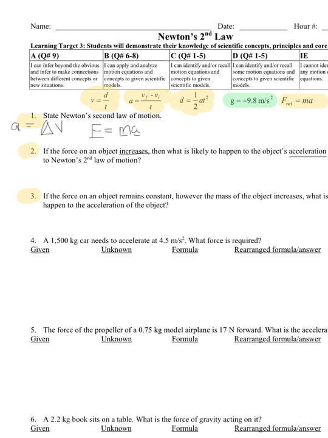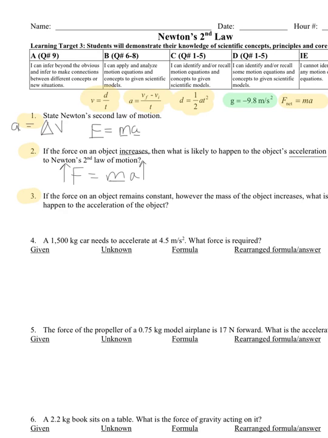Just thinking about it, if I push an object harder and the object weighs the same, what do I expect to happen to its acceleration? Well, the harder I push, the faster I think it goes. And that reasoning does hold, especially in light of the fact that F equals MA: if our F increases and our M stays the same, then our A must increase proportionally.